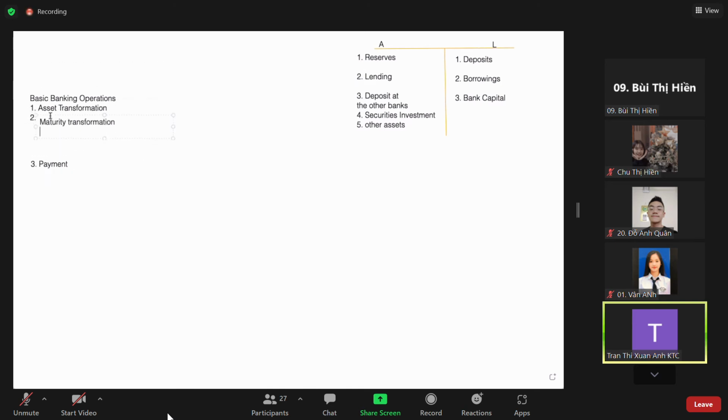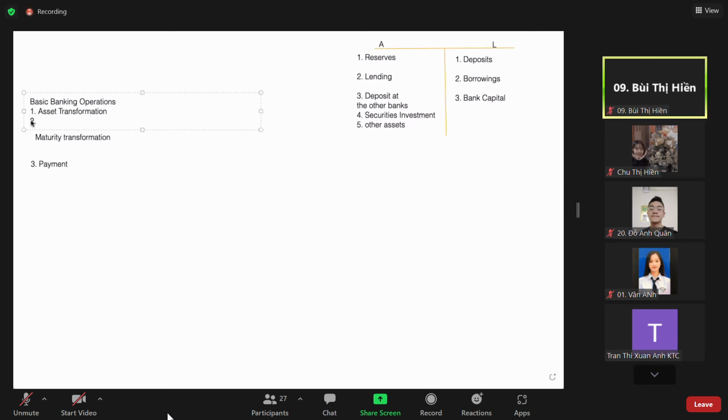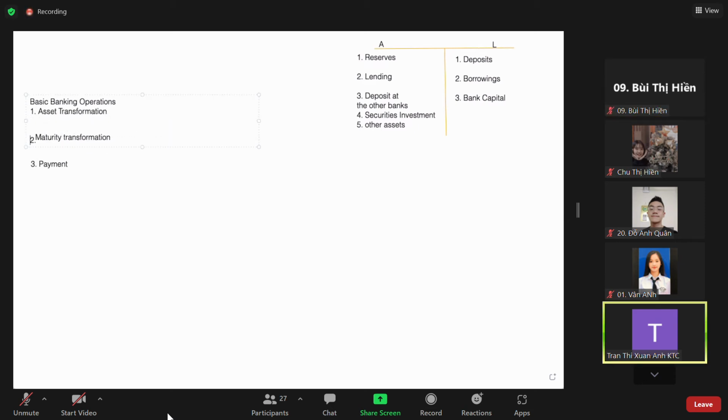So I will put here a little bit lower, then I can make an example for you guys. Asset transformation refers to the situation with the existence of the banking system, where the bank can transform assets from one owner to another owner.